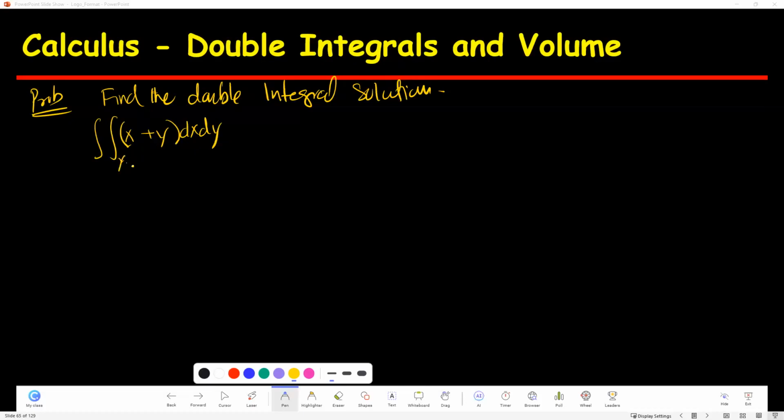Limit is also given, so we don't have to worry about y divided by 2, and the upper one is 3, the lower one is 0, and the upper one is 6. Okay, that is the question, nothing else is given. We don't even have a choice this time, so we can say dy over dx or dx over dy. I mean, theoretically, you can write either, but in this problem it is already given, so you don't have a choice to select what you want.